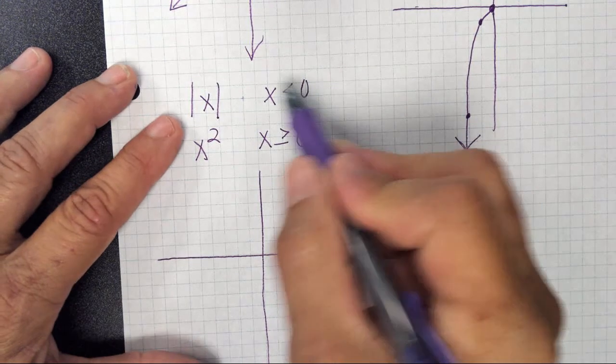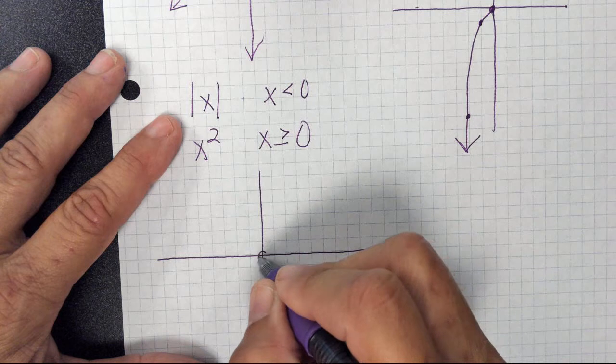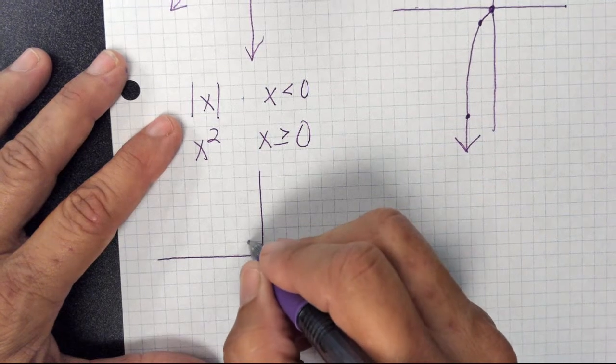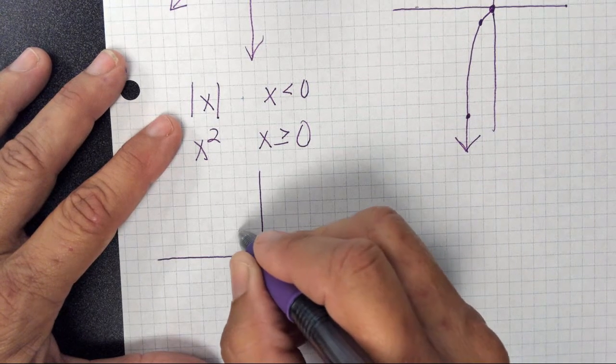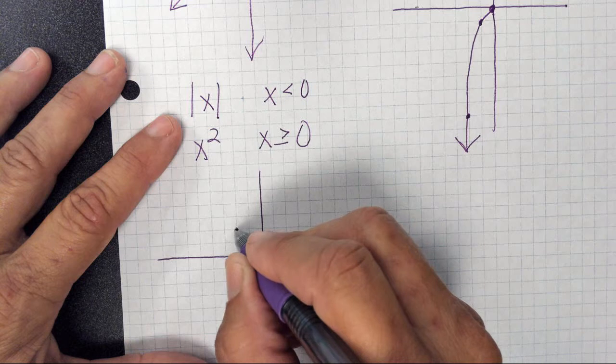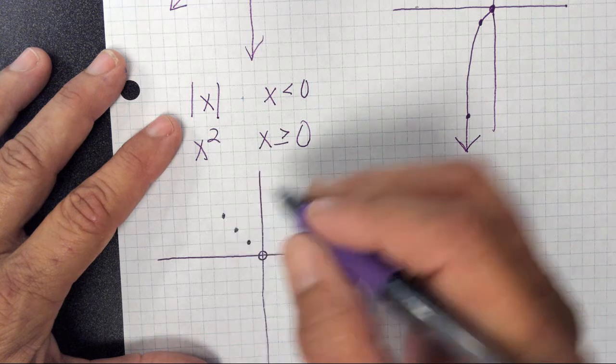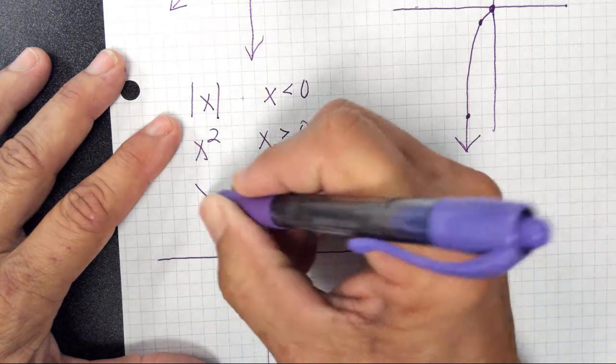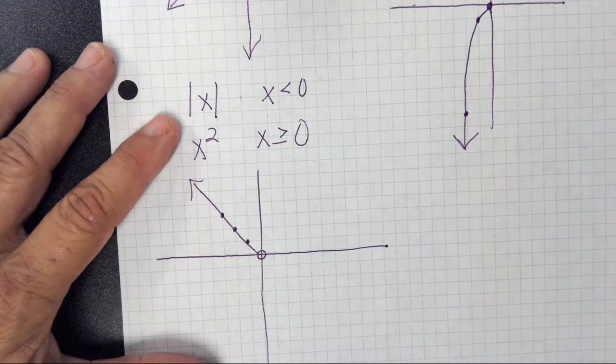So absolute value of 0 is 0, but because it's not included, we make it open. Absolute value of -1 is 1. Absolute value of -2 is? Absolute value of -3 is 3. So is that the left half of my V?